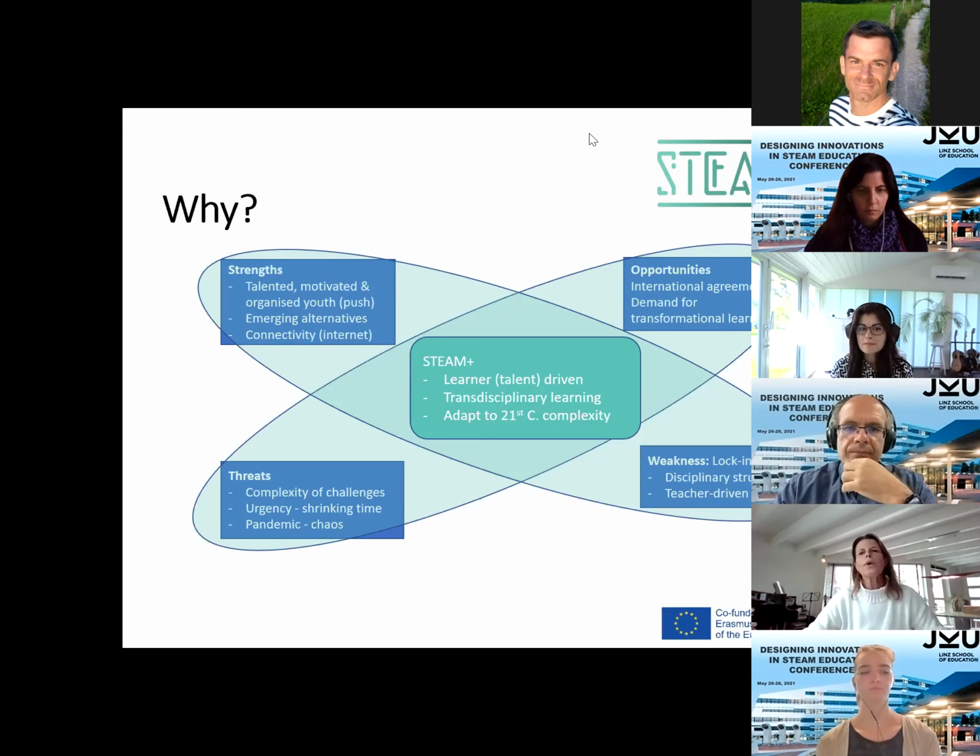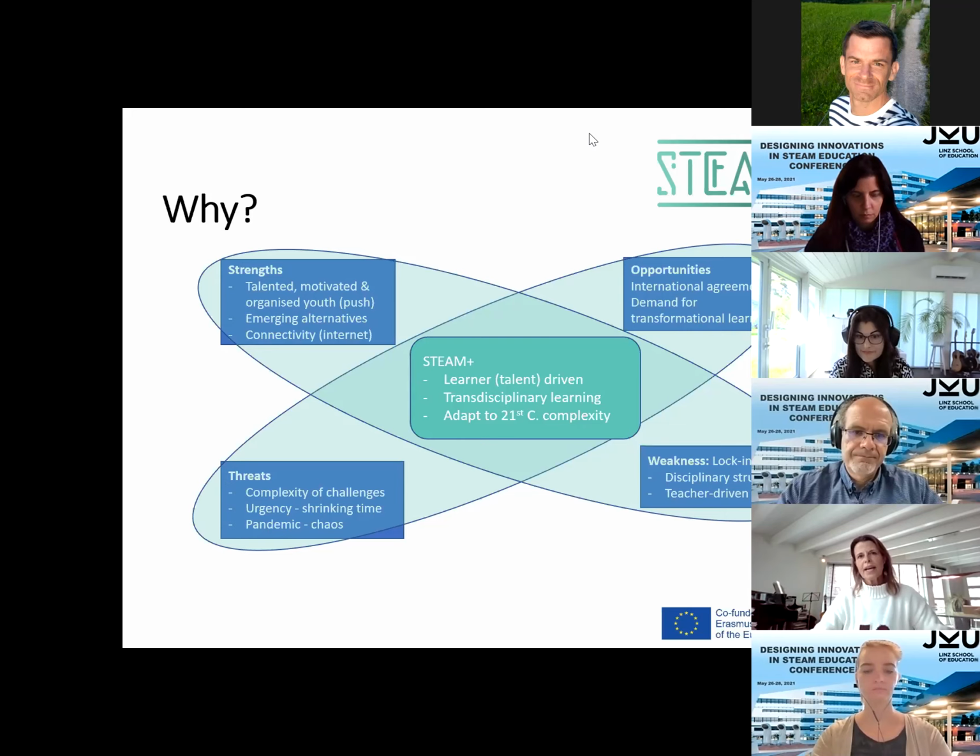And we see some weaknesses in most of the European institutions for higher education, because there is this disciplinary structure, as Ella already talked about, those fruits separately from each other, apples in one department and strawberries in the other. And in most cases, education is teacher-driven. Looking at this SWOT analysis, what STEAM Plus can bring is that we can tackle those complex problems with the STEAM Plus approach.